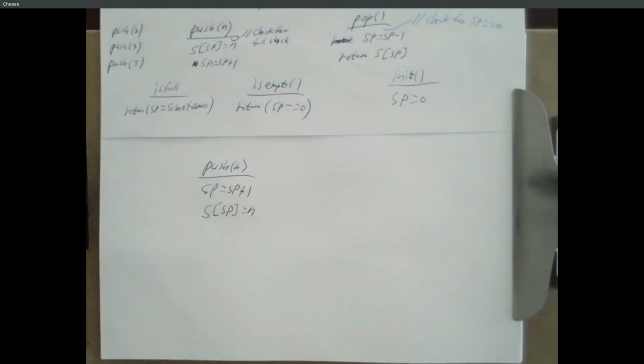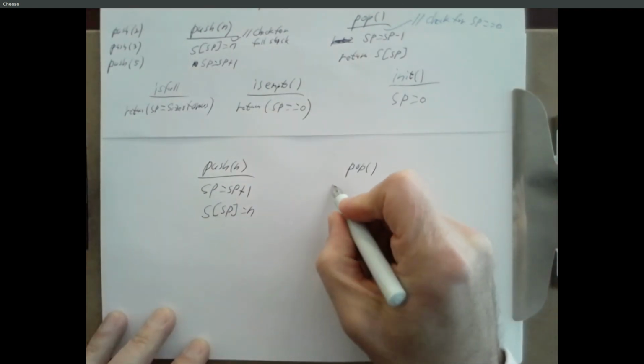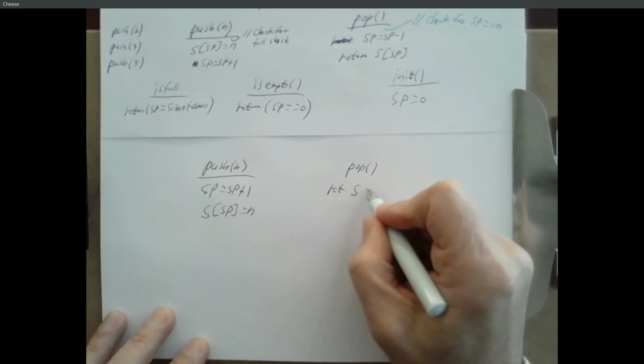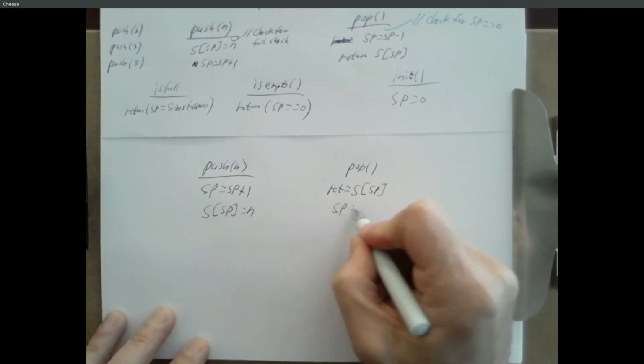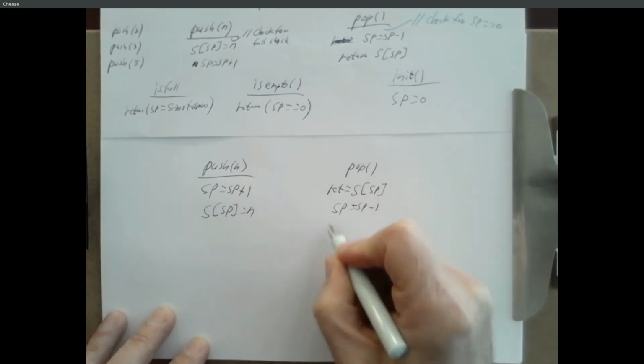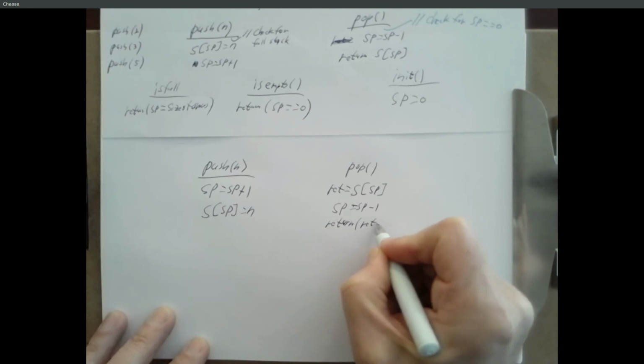I could increment the stack pointer first, and then use that to store my number. And my pop routine might read the element pointed to by the stack pointer, and then decrement the stack pointer, and then return that number that it read.